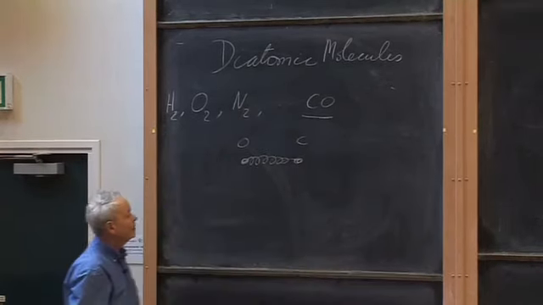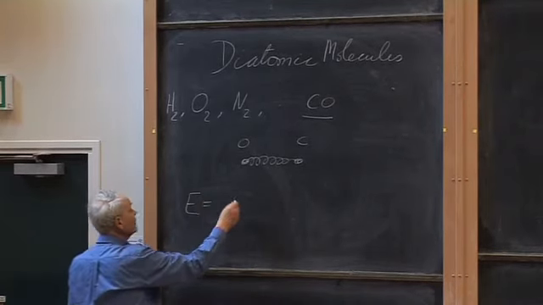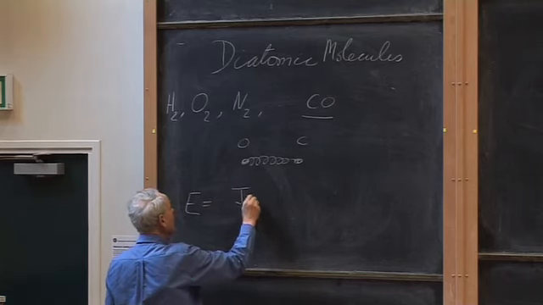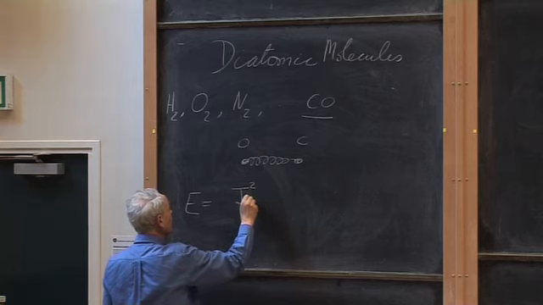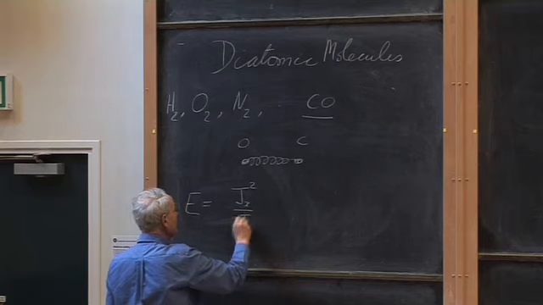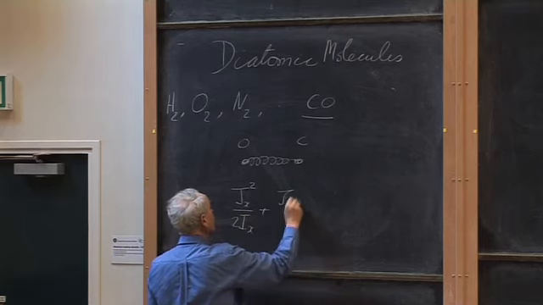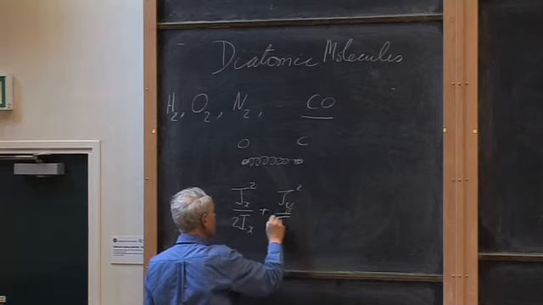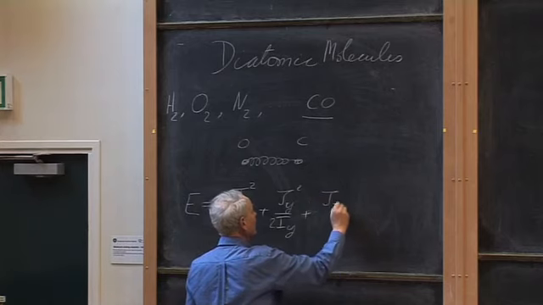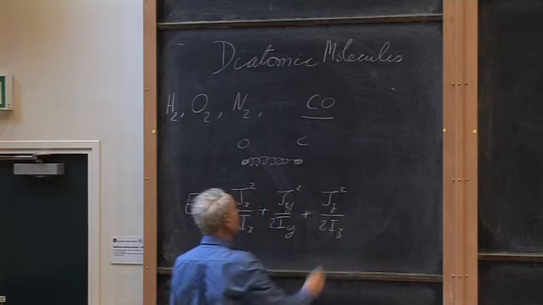So if you go to classical mechanics and ask what is the energy of this thing, it is given by the classical angular momentum around the x-axis squared over twice the moment of inertia around the x-axis, plus the classical angular momentum squared around the y-axis over twice the moment of inertia around the y-axis, plus the classical angular momentum squared over 2Iz.